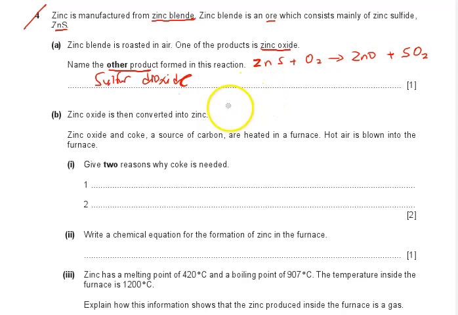Okay, now for B, zinc oxide is then converted into zinc. Zinc oxide and coke. Coke is carbon, a source of carbon, are heated in a furnace. Hot air is blown into the furnace. Give 2 reasons why coke is needed.